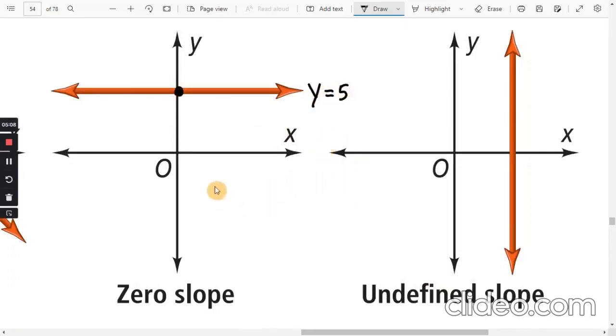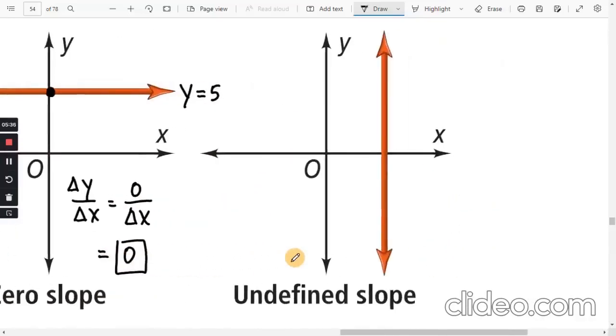All right, and if you recall, for slope, it's the change in y over the change in x. But if y equals 5, that means y will never change. So the change in y will just be 0 over the change in x. Okay, and 0 over some number is just 0. So since there's no change in y, the slope is 0.